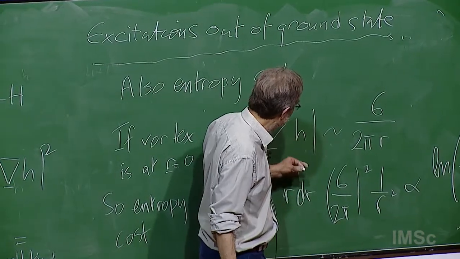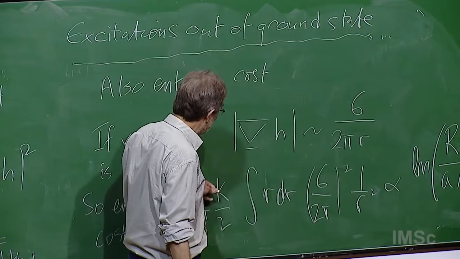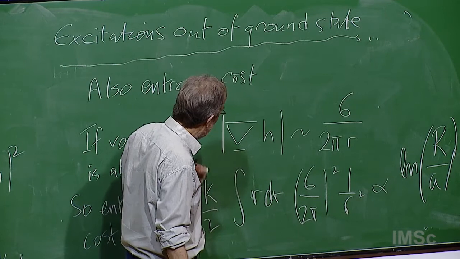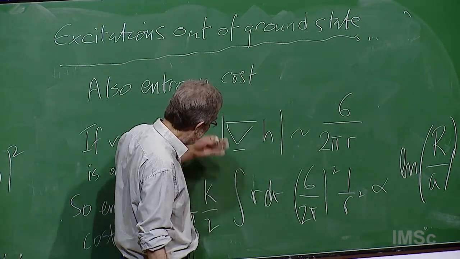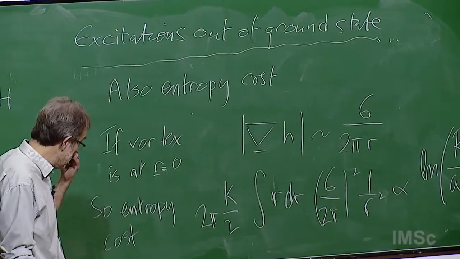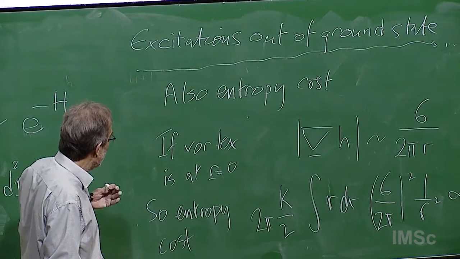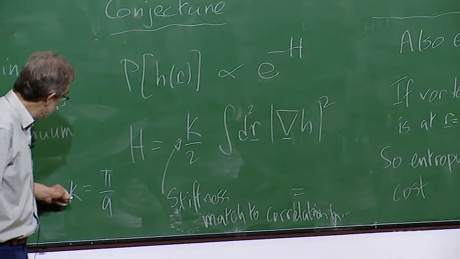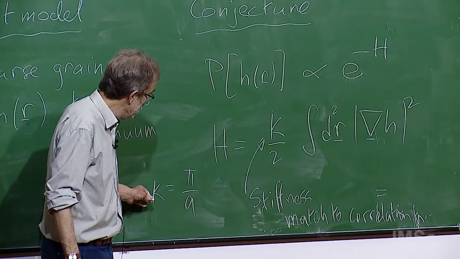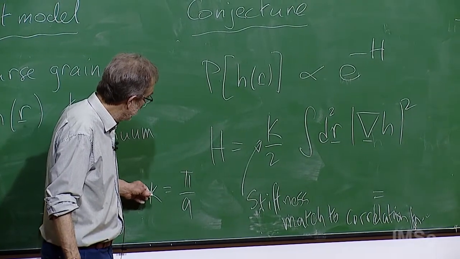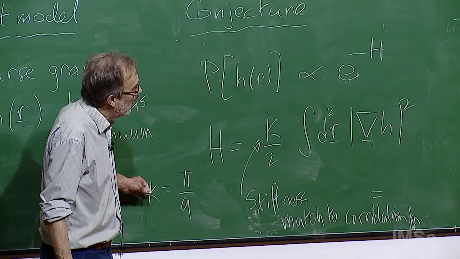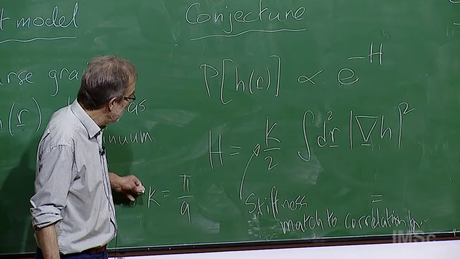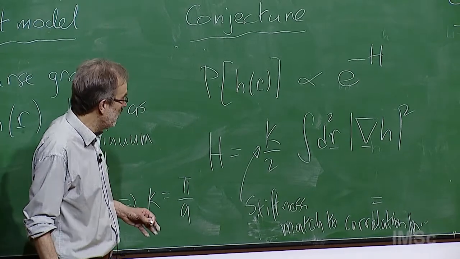And you can see that as k increases, the entropy cost is more likely to win. And there's a critical value of k corresponding to a Kosterlitz-Thouless transition. And you can use the value of k that we get from matching with the exact solution to decide which phase you're in. And what you discover from doing that calculation is that vortices are unbound.